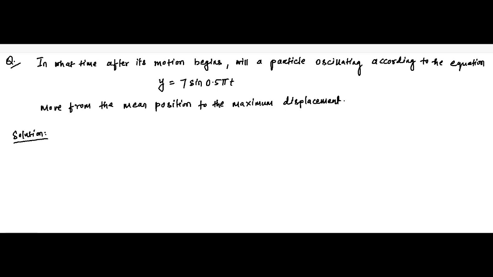Okay, so here if we compare the given equation y is equal to 7 sine 0.5 pi t with the standard SHM equation format, we'll find that A, the amplitude or maximum displacement, is equal to 7.